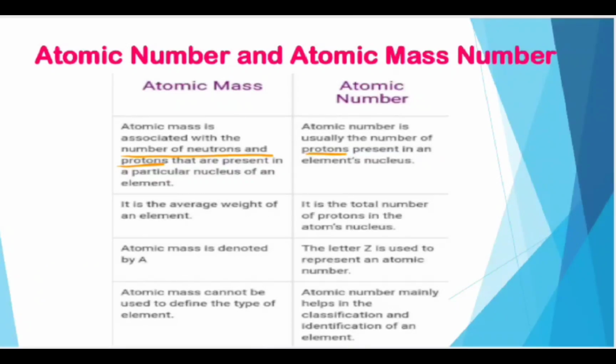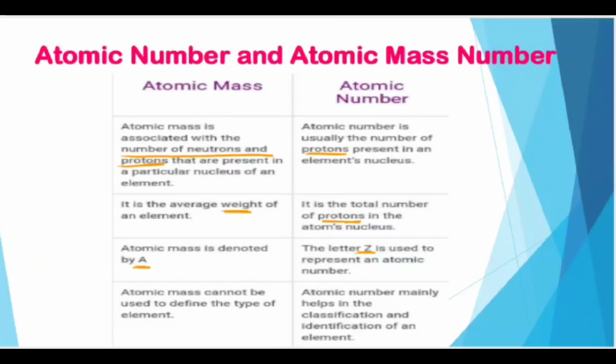Atomic mass is the average weight of an element. Atomic number is the total number of protons in the atom's nucleus, only the number of protons. Atomic mass is denoted by A. The letter Z is used to represent the atomic number.